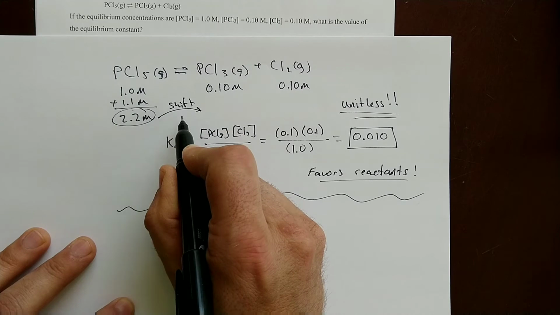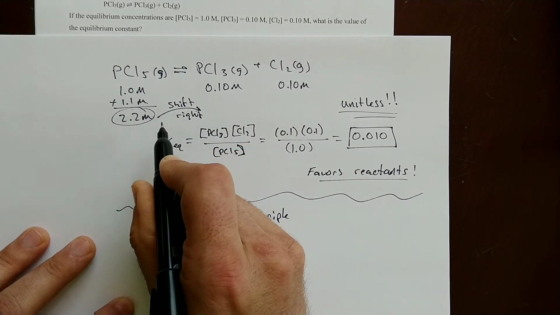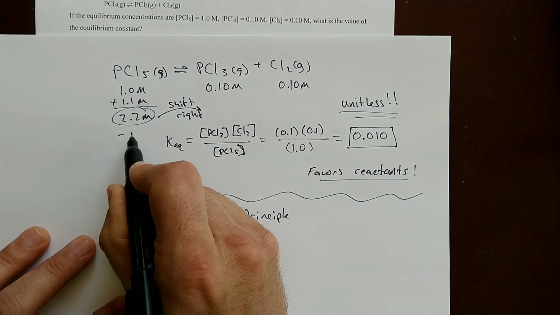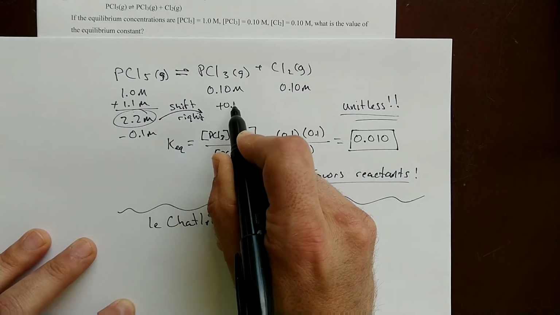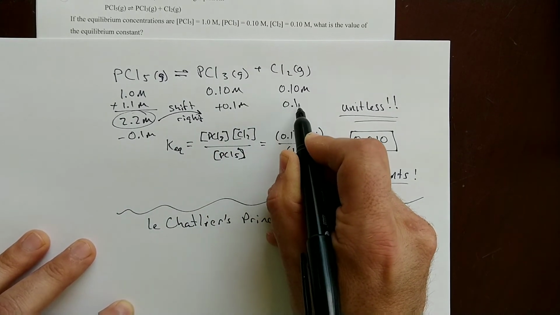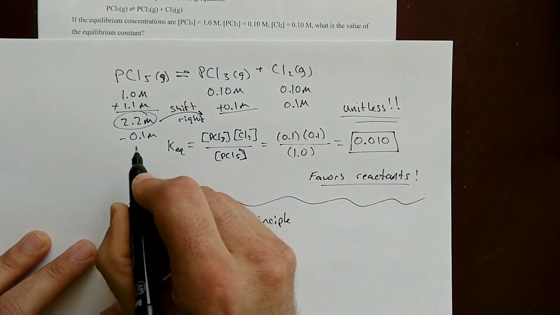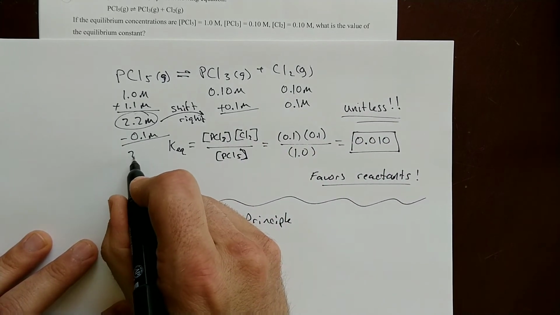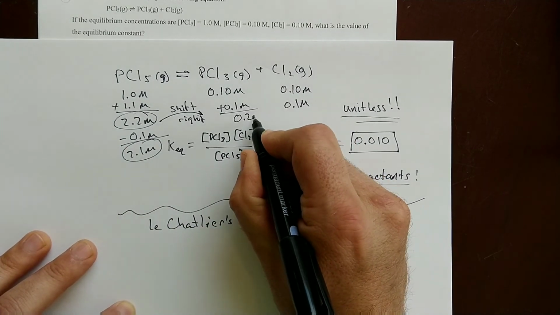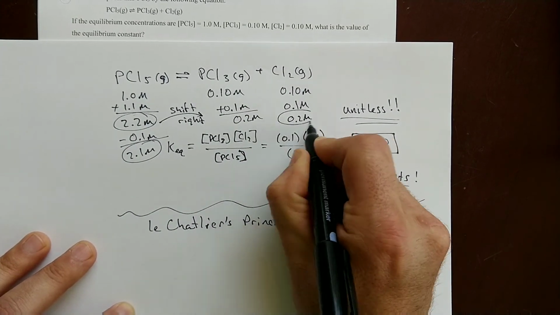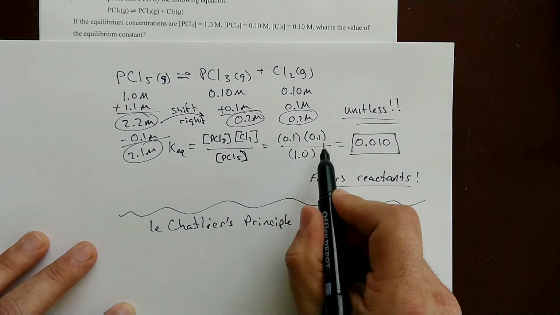This reaction would naturally need to do what we say, shift right, or unreact some of these. So maybe subtract 0.1 molarity and add 0.1 molarity over here, so that now we're back to 2.1 molarity over here and 0.2 molarity over here. And that now again would give us a similar ratio to this.